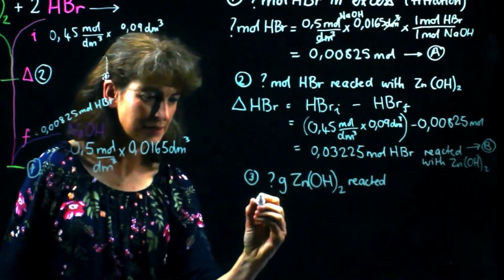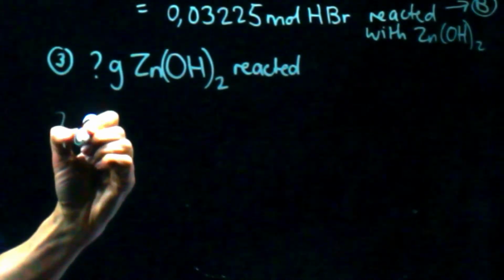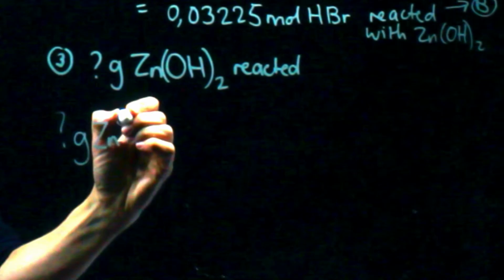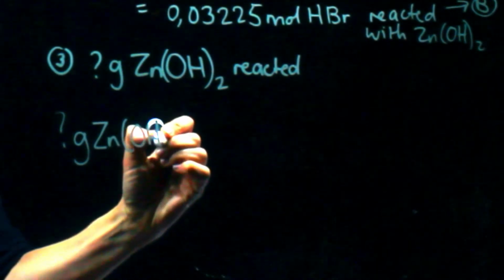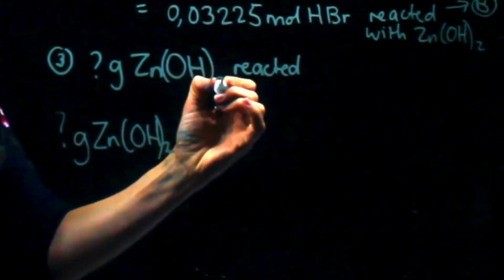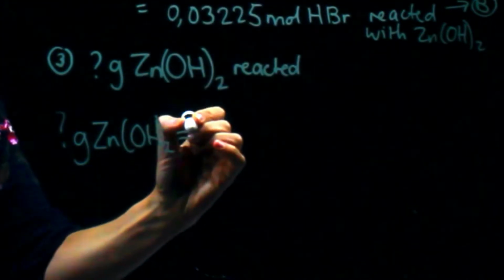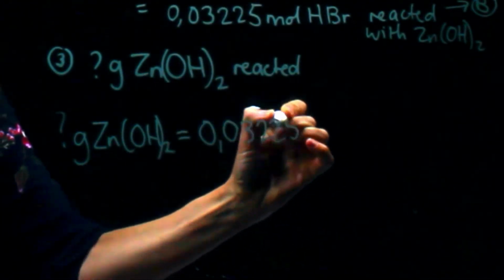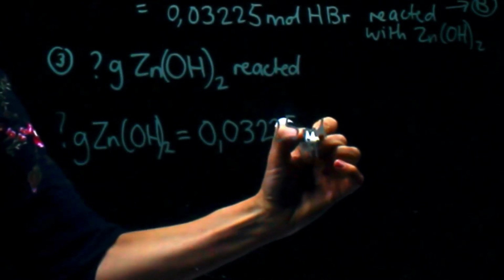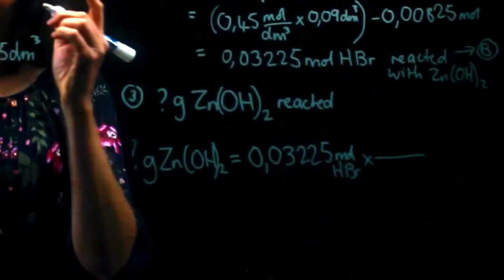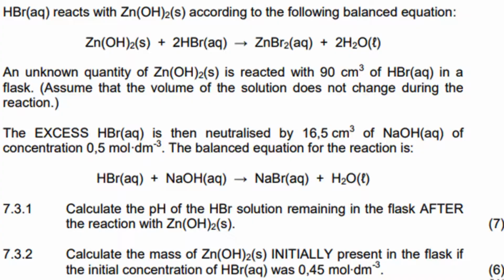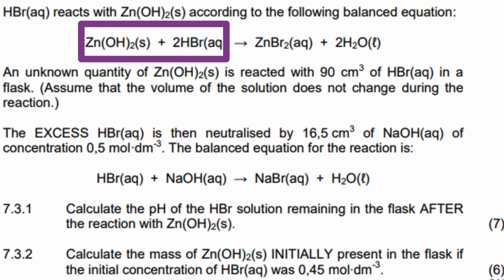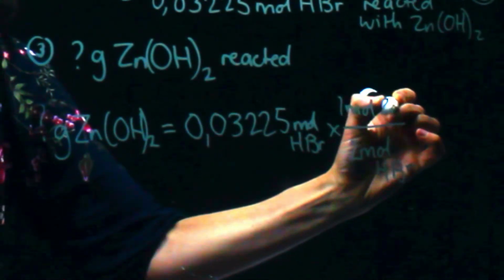How many grams of zinc hydroxide reacted if this many moles of HBr reacted? We make use of the balanced equation, and we can see that for every 2 moles of HBr that react, 1 mole of zinc hydroxide is needed.